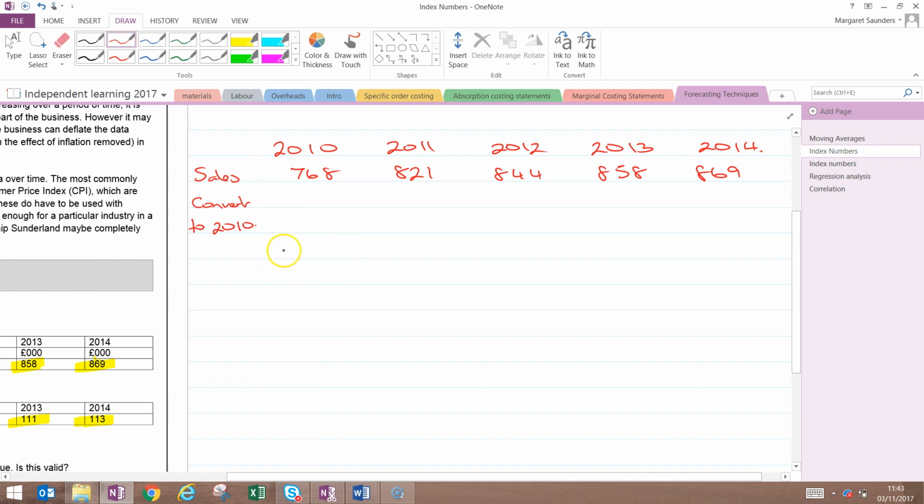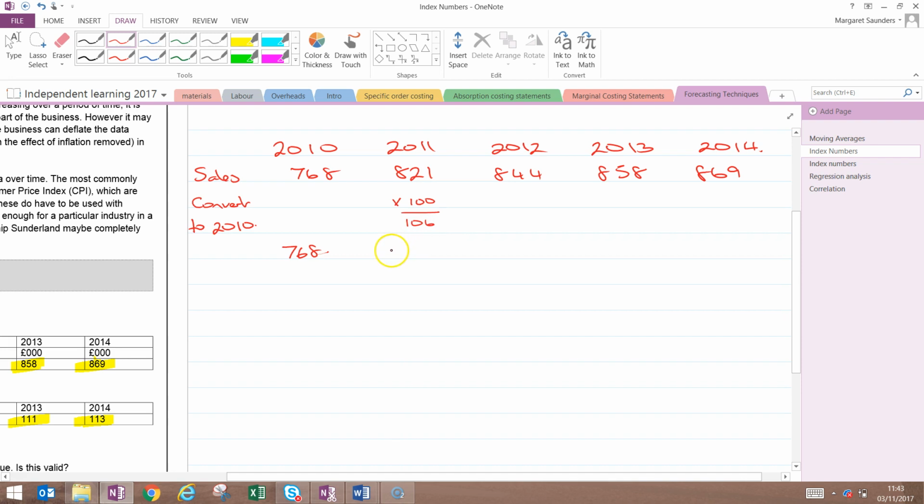It remains at 768. The sales in 2011, if we want to take them back, so take away the effects of inflation between 2010 and 2011, the method is to multiply the sales figure by the index number for 2010, which is 100, and divide it by the index for 2011, which is 106.